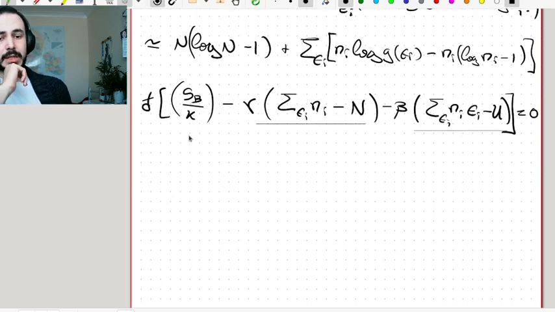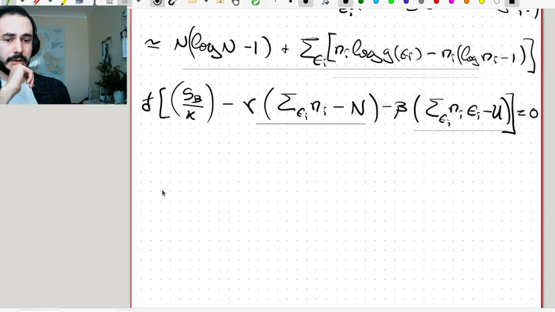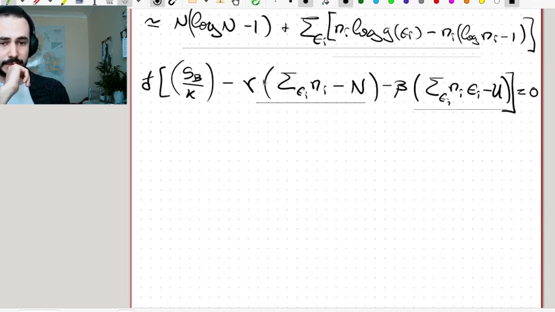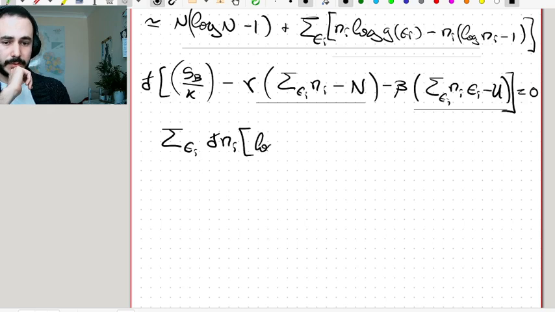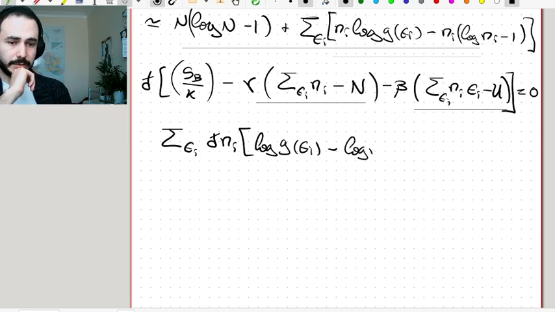That defines where the optimal point that we want to find, subject to these constraints, is sitting. So let's do it. The first term we have already evaluated up here, and we just have to take the differential with respect to n. What we get is the sum over all ei's of the variation of ni: from the first term, the logarithm of the degeneracy of the corresponding level; then from this term here, minus logarithm ni; then from taking the differential of the logarithm, we get just 1.